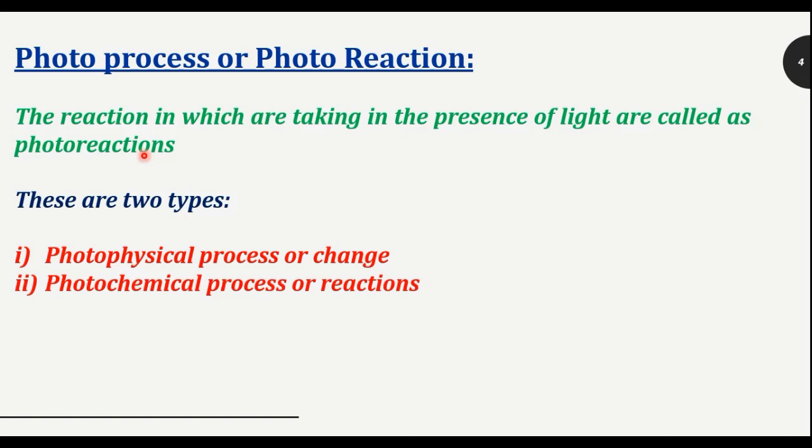The first one is changes, that means solid can convert into liquid, liquid can convert into vapor. That is called physical change. Chemical reaction or chemical process is nothing but one compound converting into another chemical substance. Here the example is photosynthesis.